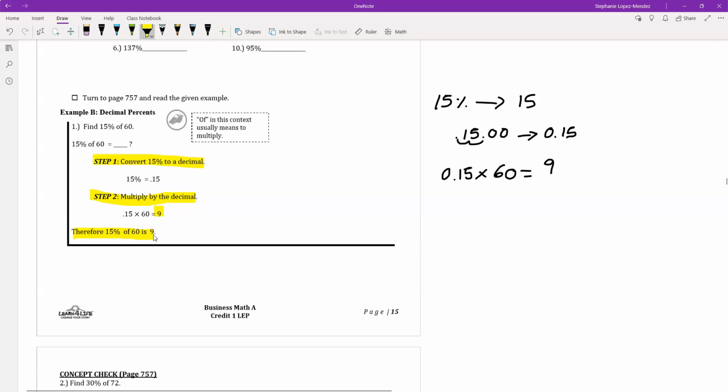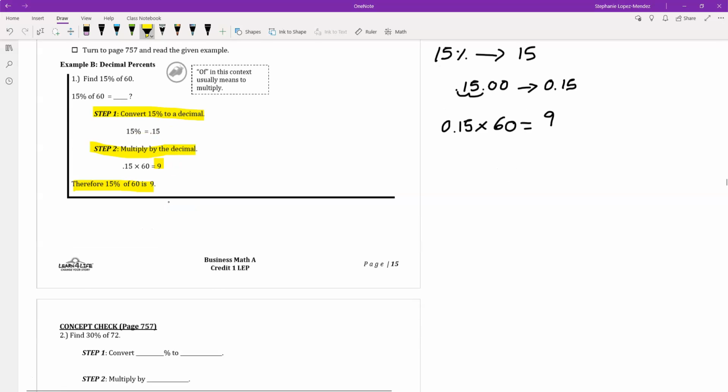Okay, so this is very useful for anything when we go to buy at the mall, at the store, in any of those cases. So again, remember step number 1, we convert the percent to a decimal, and in step 2, we multiply the decimal by the amount that we had.